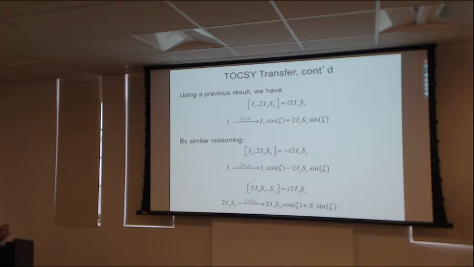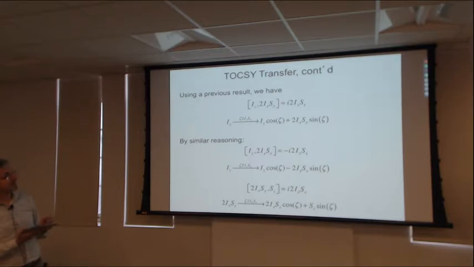It says using a previous result. We had our rule that if we worked out the commutators, we then would know what the evolution was. So here, I want to know what happens to Iz magnetization.